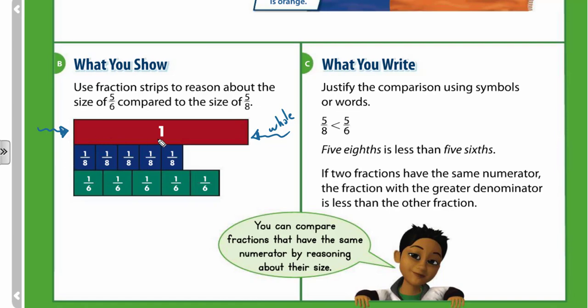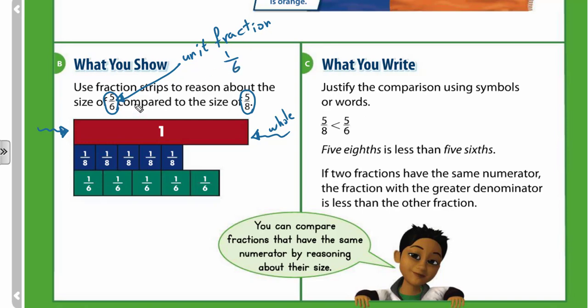Okay. So we start with the whole one, and to represent 5/6 and 5/8, what should we do? To represent 5/6, we will use the unit fraction 1/6, because we name the unit fraction according to the denominator, and we need to use 6 of these unit fractions to represent 5/6.